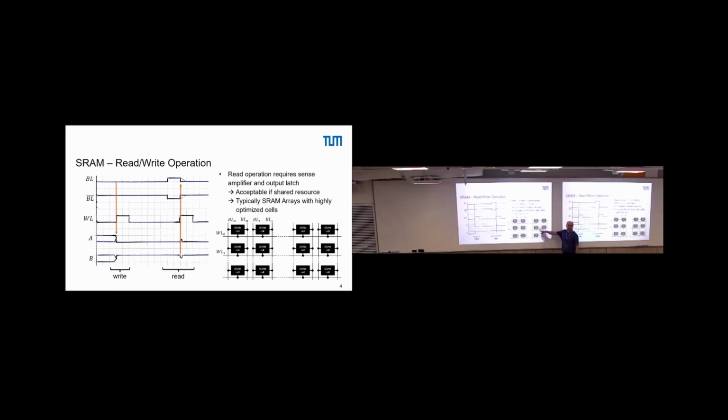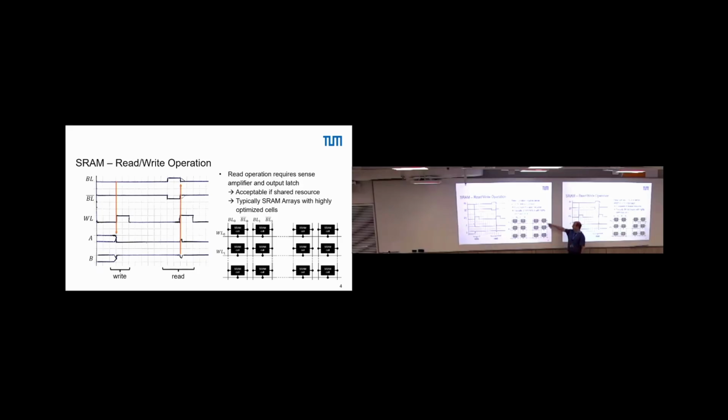Now, since we have this structure, we also need some control, because you need to be able to tell this circuitry here, I want to read data number so-and-so. This might be encoded in a binary form.